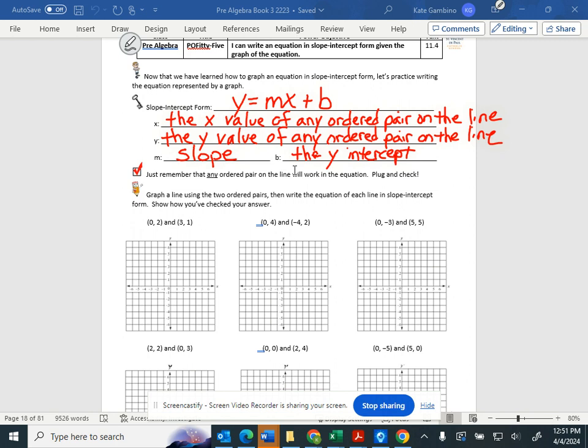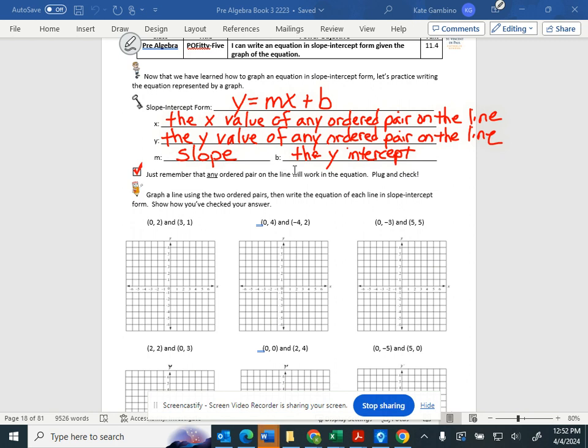So if our y-intercept is at 0, 0 on our graph, do we have to write plus 0? No. We don't have to write plus 0 because we know it's going to be at 0, 0. So just remember that. Any ordered pair on the line will work in the equation. Plug it in and check.